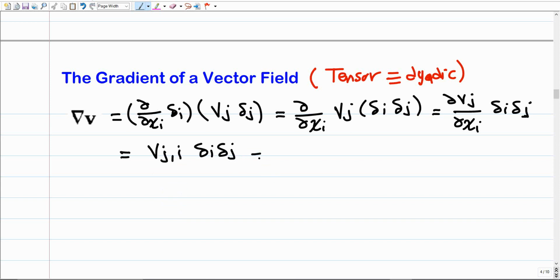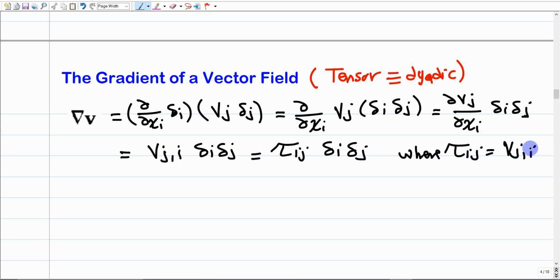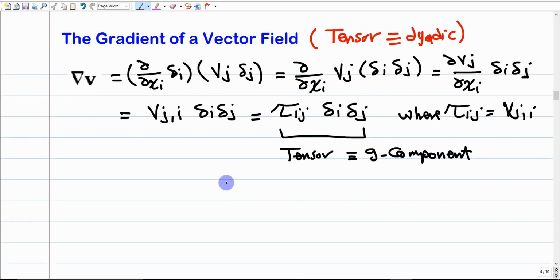So we have tau ij delta i delta j, where tau ij equals vj comma i, the derivative of the j component of the vector with respect to xi. Make sense? This tensor has 9 independent components. This is a general tensor. It is not a symmetric tensor or a skew symmetric tensor. It's just a general tensor with 9 independent components.